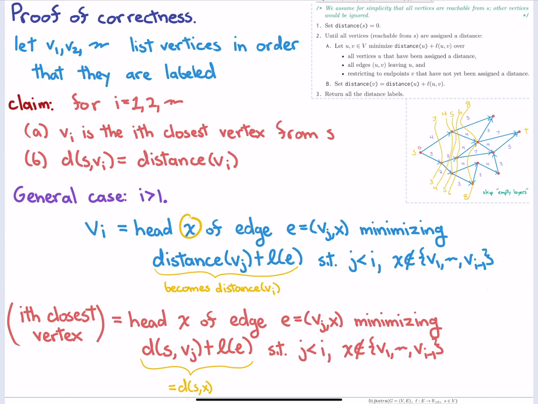Why are they equal? Not because of the minimum. I mean, if you just compare the two sentences, the edit distance is very small. That and that is the only difference between these two sentences. So if I can argue those things are equal, then we're done. Right? Yeah.